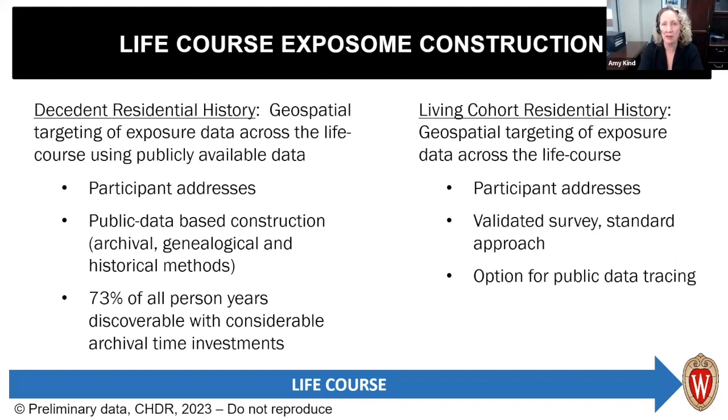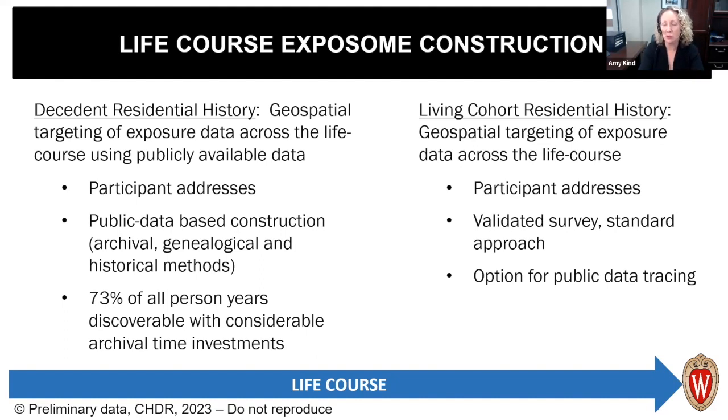So I hire a very large team of archivists and analysts who comb through the public data, starting with individuals' dates of birth, dates of death, name, and address at the point of death. And we find all public records available for these decedents using standard and rigorous historical archival methods.